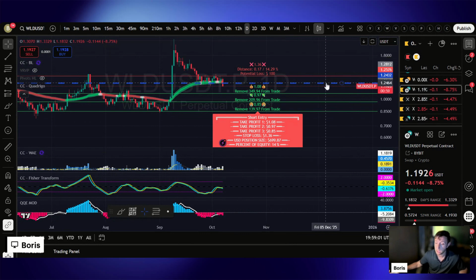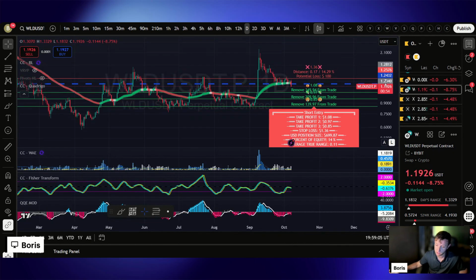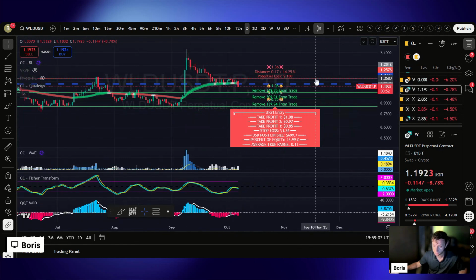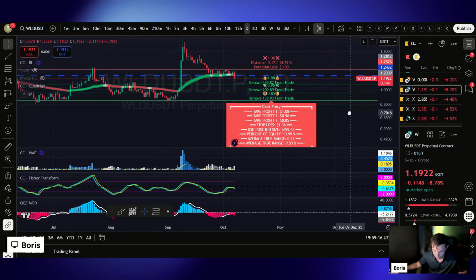So I think WorldCoin is going to be a great trade here. I'm going to execute this trade right now, and hopefully this trade goes well.